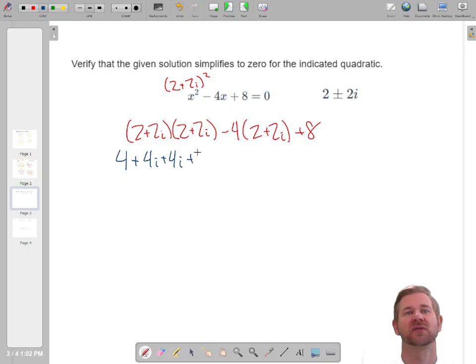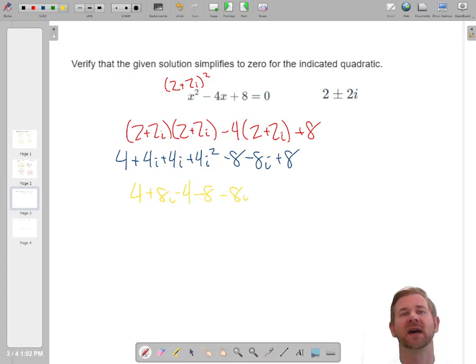Plus 4i squared, minus 8 minus 8i plus 8. So I'm going to combine all the like terms I can. 4 plus 8i, that's really negative 4, minus 8 minus 8i plus 8.